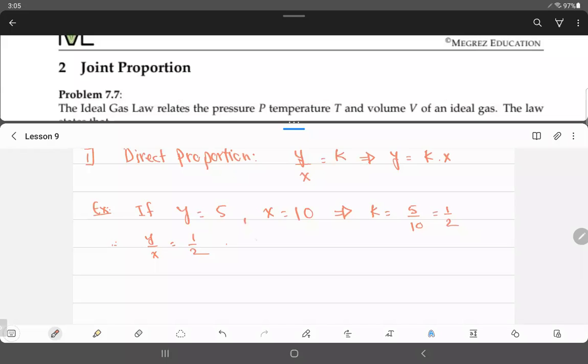So if I tell you that x equals 20, what is the value of y? Then you can just plug this in. You can tell me, y over 20 equals half, so y equals 20 times half, which is 10.